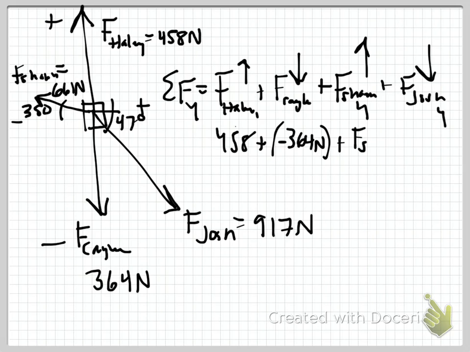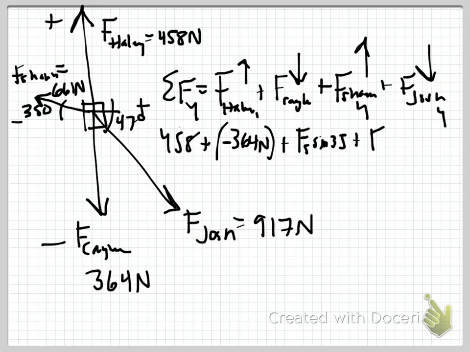And then the force of Shannon on the y is going to be the force of Shannon times the sine of 35. And that'll be a positive. And then the force of Josh on the y is going to be force of Josh times sine of 47. The only difference here is that the force of Josh, because of its direction, we're going to assign that as a negative.